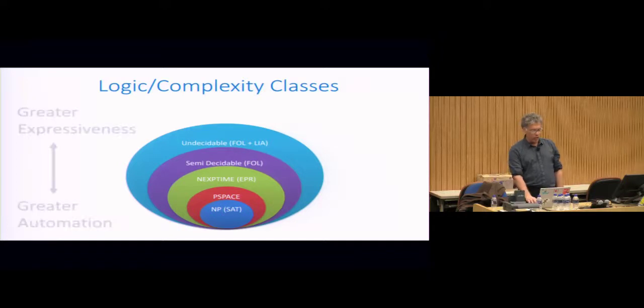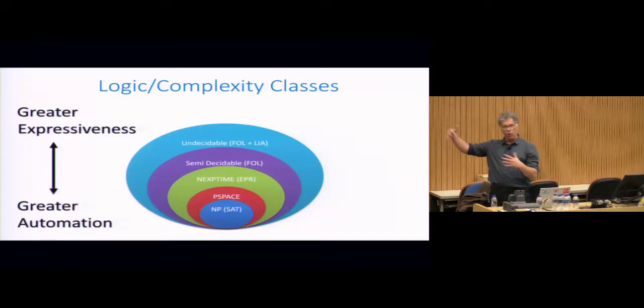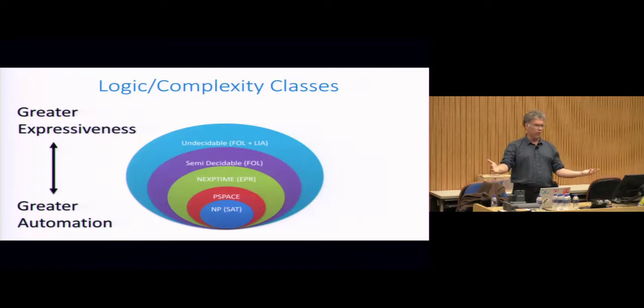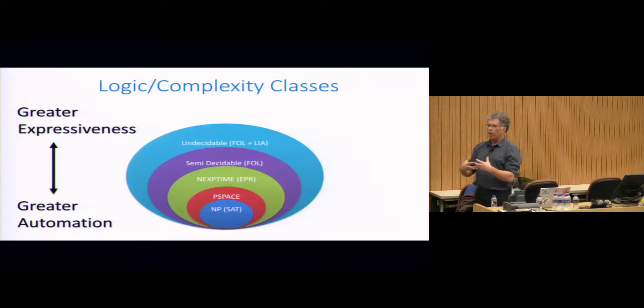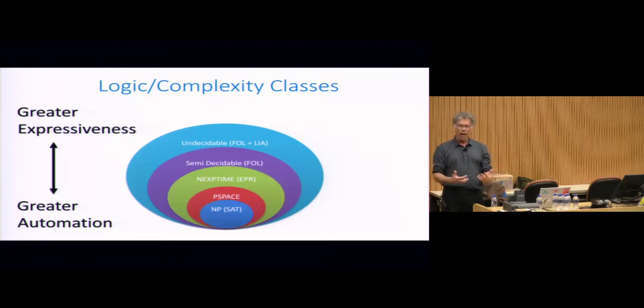And so the interesting thing here, and this is a whole research area which is fascinating to explore, is the tension between greater expressiveness in the logic as you go up the stack and greater automation as you go down. There's this real tension in proving and in dealing with different types of programs between the expressiveness of the logic you're reasoning with, and the amount of automation you can get from the theorem prover.